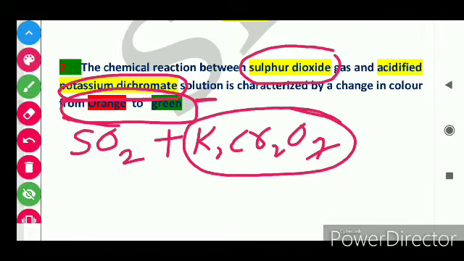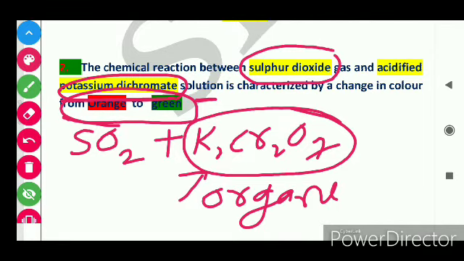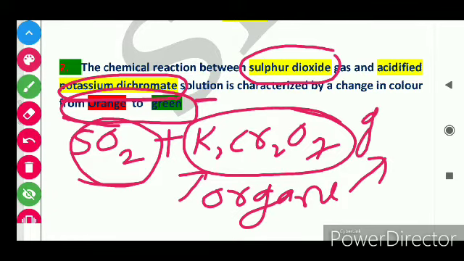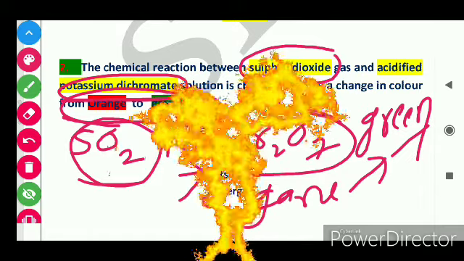The color before the reaction is orange, and after the reaction it changes into green. These both reactions show that in a chemical reaction color is changed.